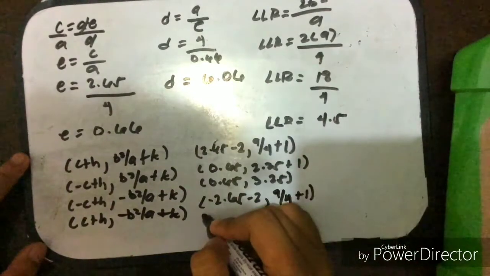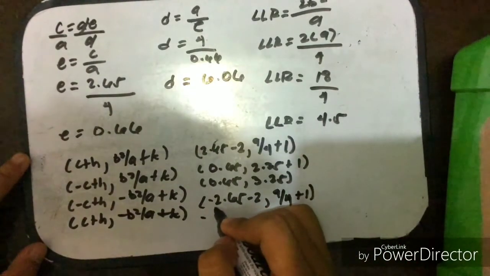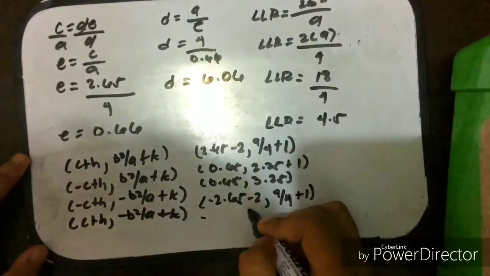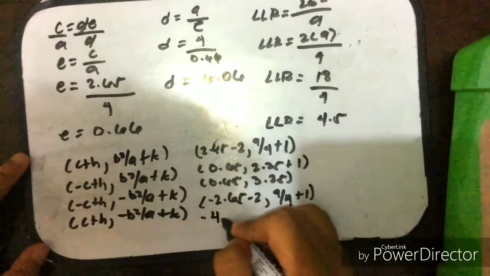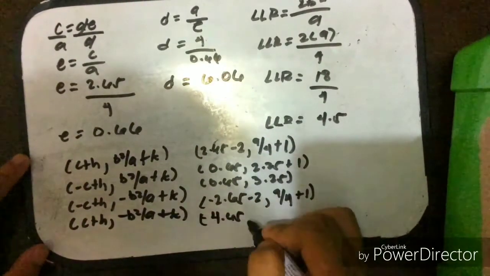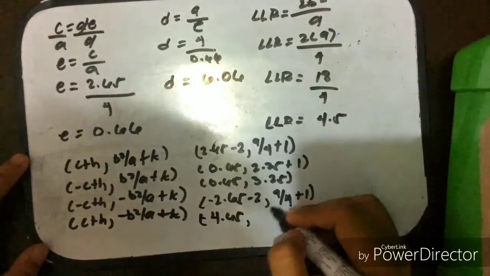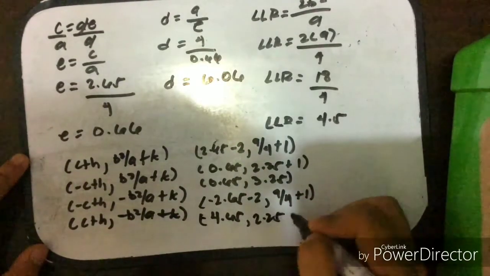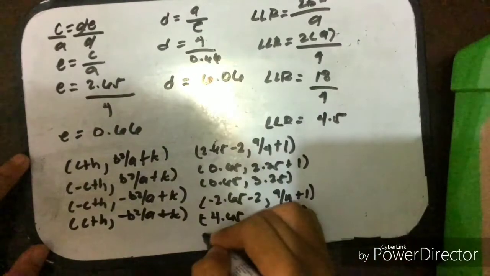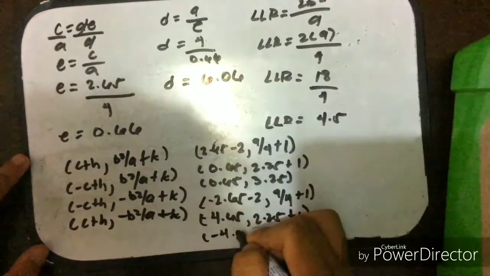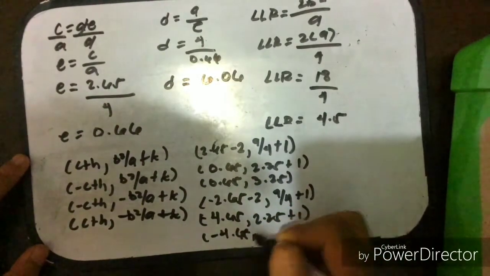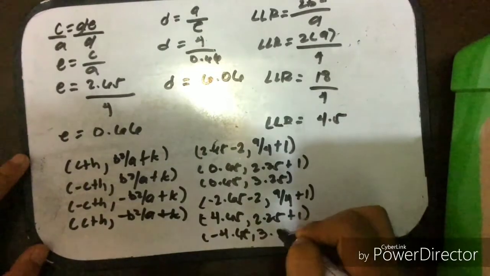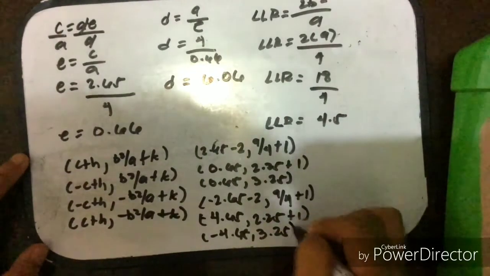So negative 2.65 minus 2 is negative 4.65. Then 9 divided by 4 is 2.25 plus 1 is 3.25. So negative 4.65 and positive 3.25.